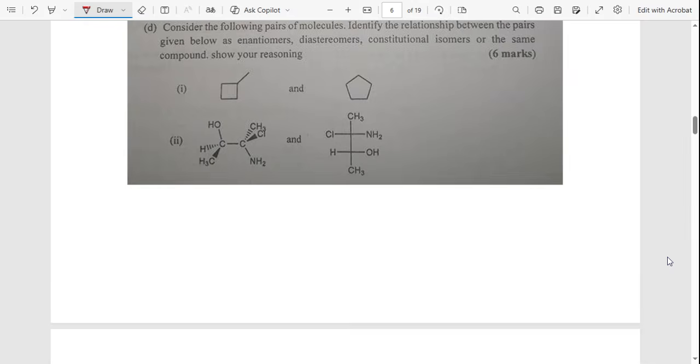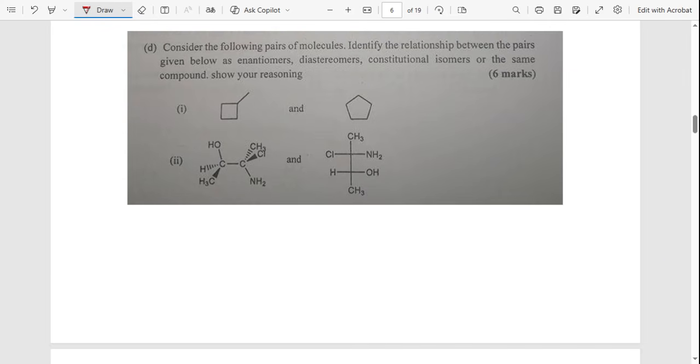The next question, consider the following pairs of molecules. Identify the relationship between the two pairs given below as enantiomers, diastereomers, constitutional isomers, or the same compound. Show your reasoning. When you look at the first one, you have got two compounds that both have 5 carbons.